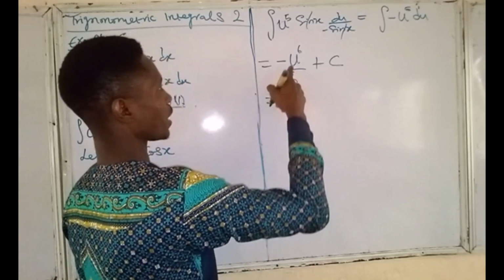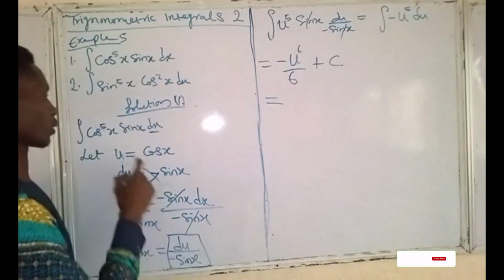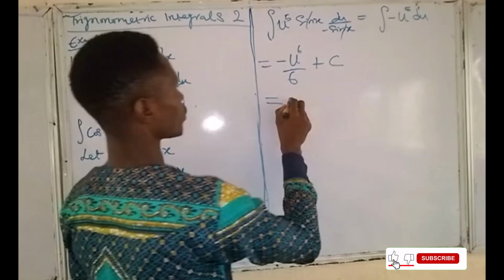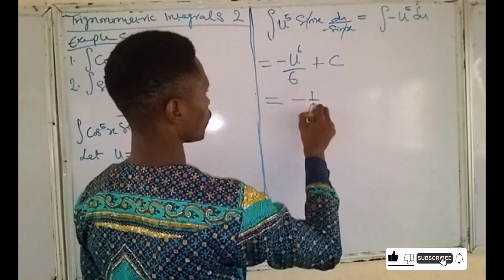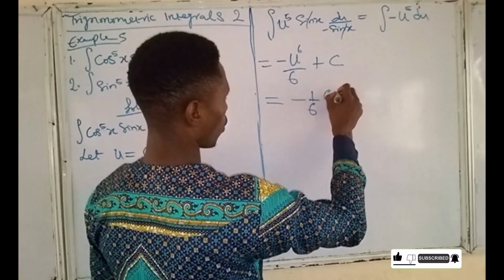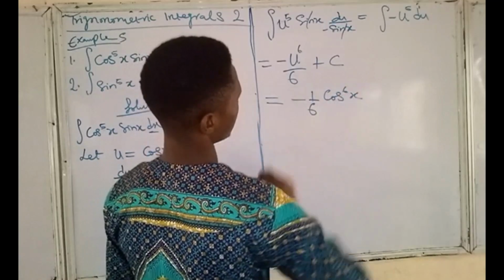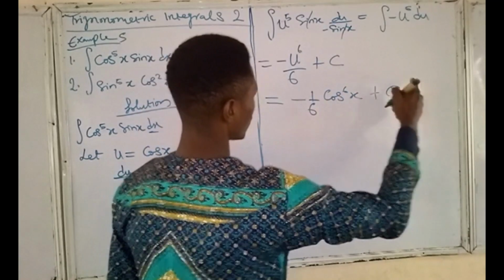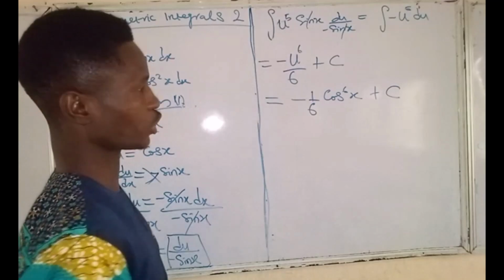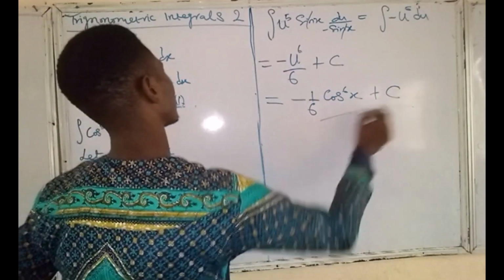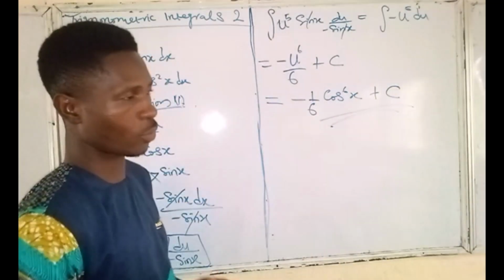But recall that u is what? cos⁵x. So this is going to give us minus 1 over 6 cos⁶x plus c, which is the constant of integration. So that is our answer. Straightforward, right?